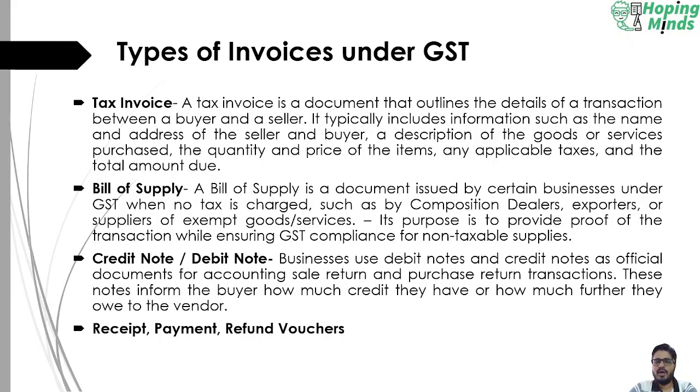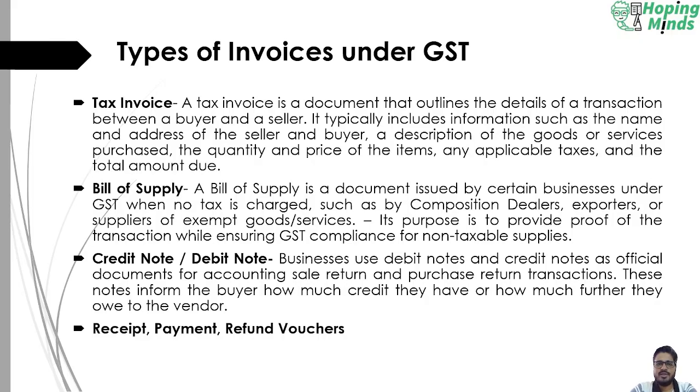Then credit notes or debit notes. Credit notes or debit notes are issued to adjust the value of earlier invoices or for any adjustment in the outstanding balances. Then receipt, payment or refund vouchers. These are used in case of advance payments or in case of refunds.